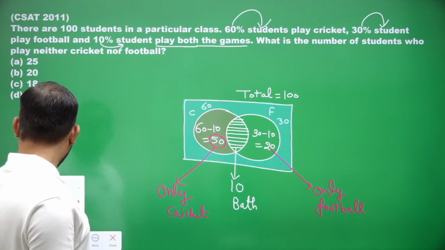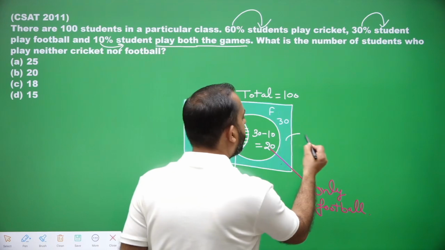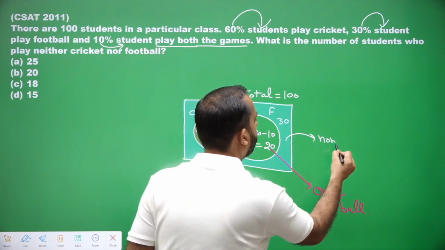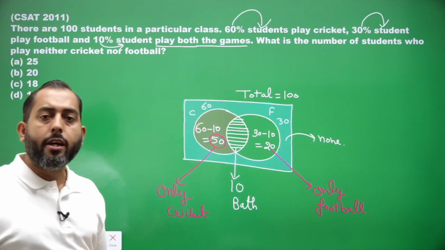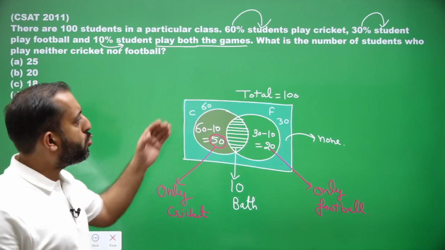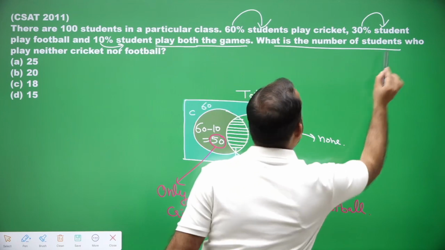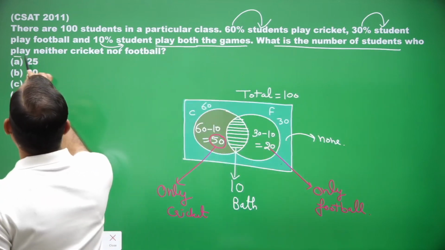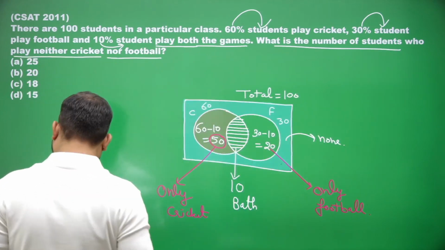This remaining region is the none region, meaning a region which represents those students who play neither cricket nor football.